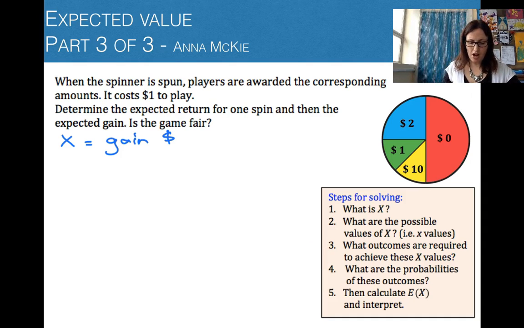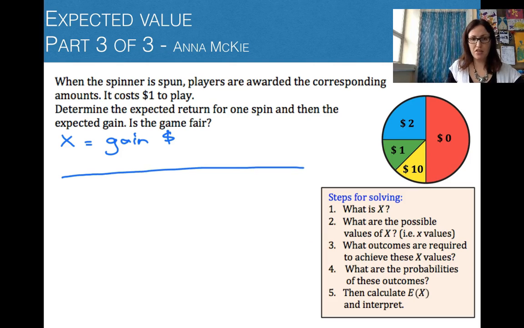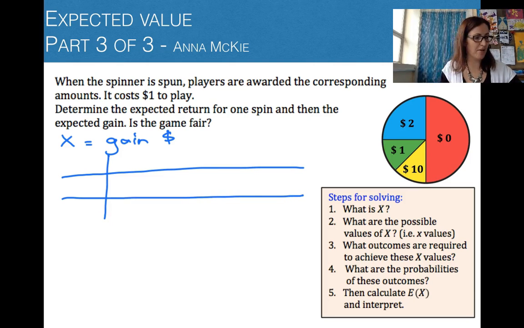So from here on in, I'm going to suggest you set up a table with 3 rows every time, not 2 that you've been doing in some questions. So we're going to write outcomes. We're going to have X, and here is the probability of each of those X happening.